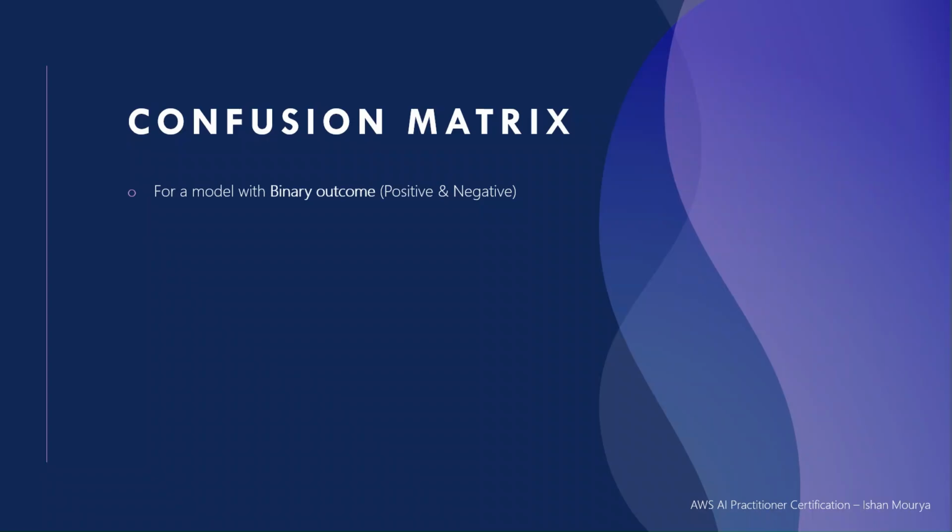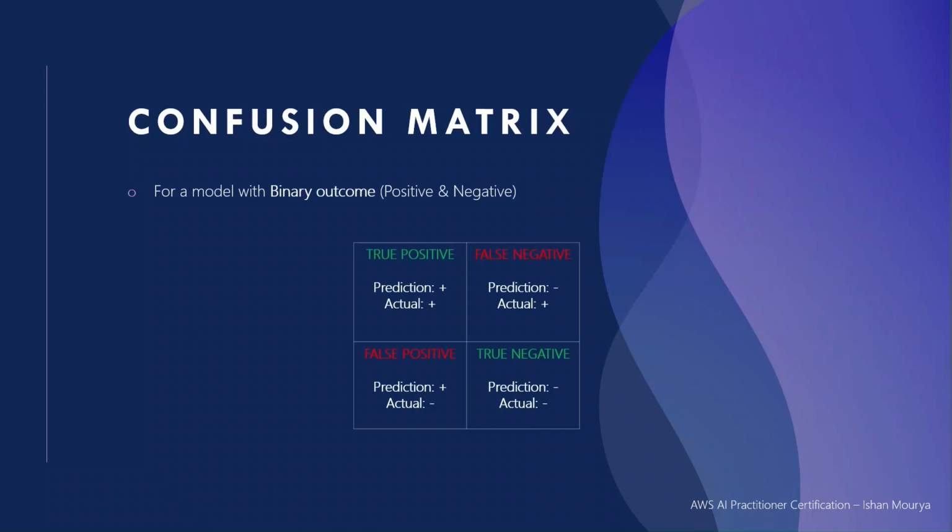Now, based on what the model predicts and what the actual value is, there can be four cases. The first one is the model predicts positive and the actual is also positive.